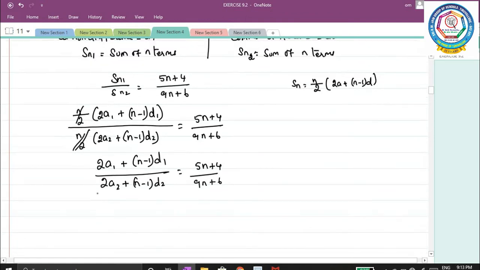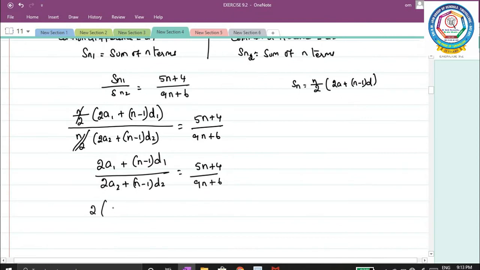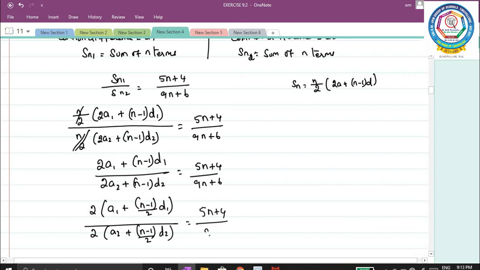If I take 2 outside in the numerator, I will get a1 plus (n minus 1) by 2 into d1. If I take 2 outside here also, a2 plus (n minus 1) by 2 into d2 equal to 5n plus 4 by 9n plus 6. Here the 2 cancels.